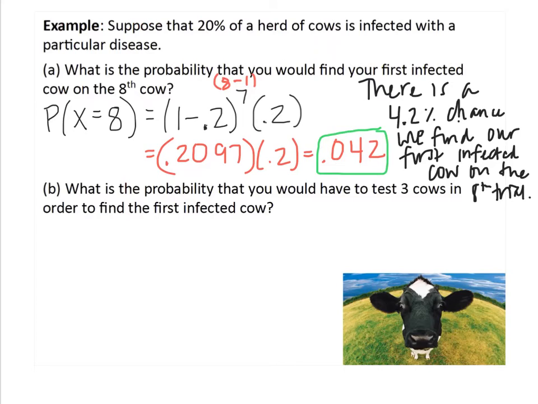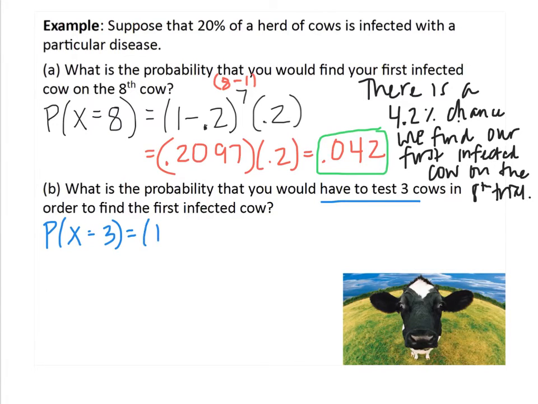B says, what is the probability that you would have to test 3 cows in order to find your first infected cow? Well, if I think about what this problem is asking me, it's saying I would have to test 3 cows in order to find the first infected cow. So what's the probability that x equals 3?